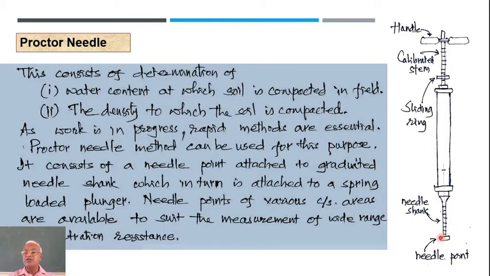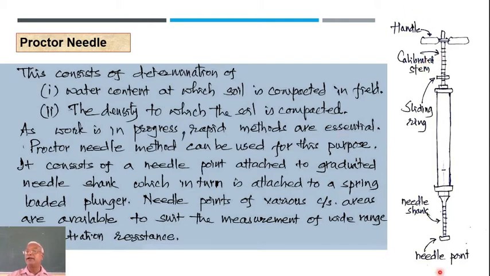In such cases, you have to use a broader needle, whereas if the soil is quite stiff, hard, you can use a smaller needle, so that you get a reasonable amount of penetration. Okay.